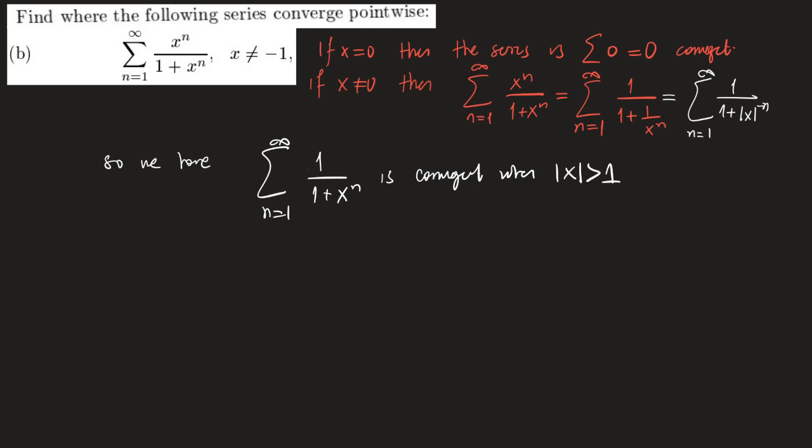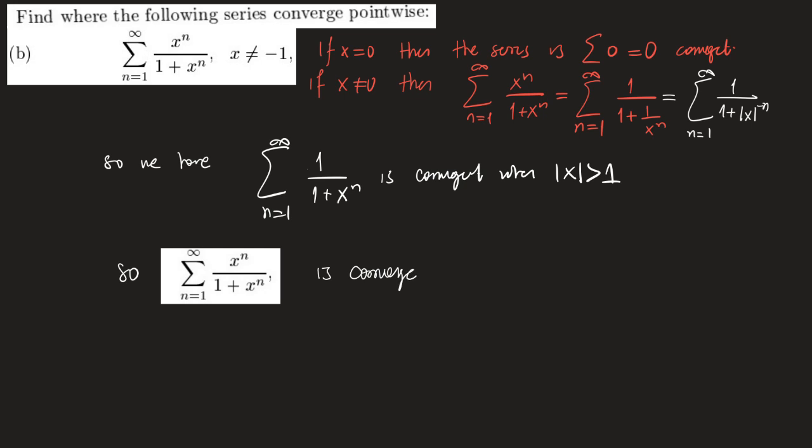So in this case, since we are inverting the power of x, you need to change the interval. So this is pointwise convergent when the magnitude of x is less than 1.